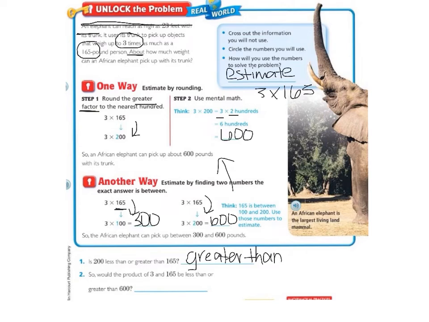So would the product of 3 times 165 be less than or greater than 600? Well, we got 600 by rounding up to 200, and that's a pretty big round up. So we know that because our answer is going to be between 300 and 600, that it's not going to be any more than 600. So it will be less than.